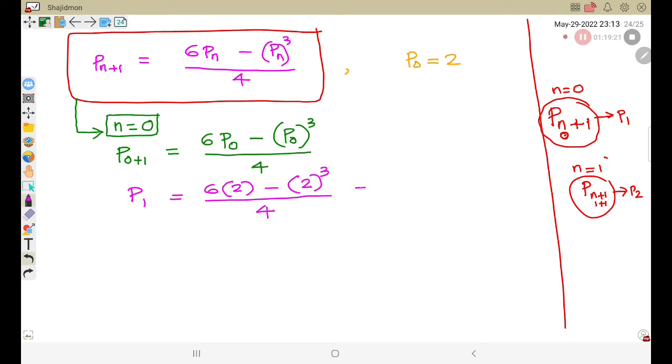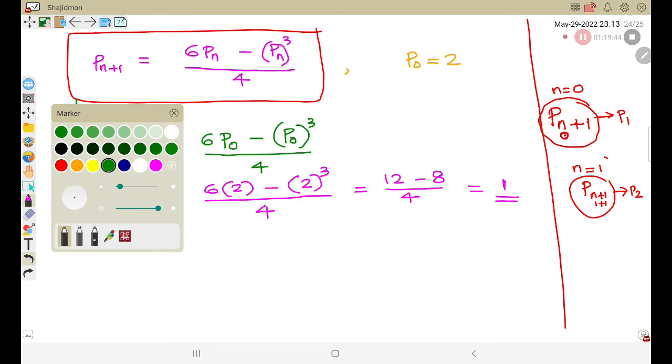You can check by calculator. 6 multiplied by 2 is 12, minus 2 power 3 which is 8, divided by 4. 12 minus 8 is 4, and 4 divided by 4 is 1. So P1 we got is 1. I hope it is clear to you.